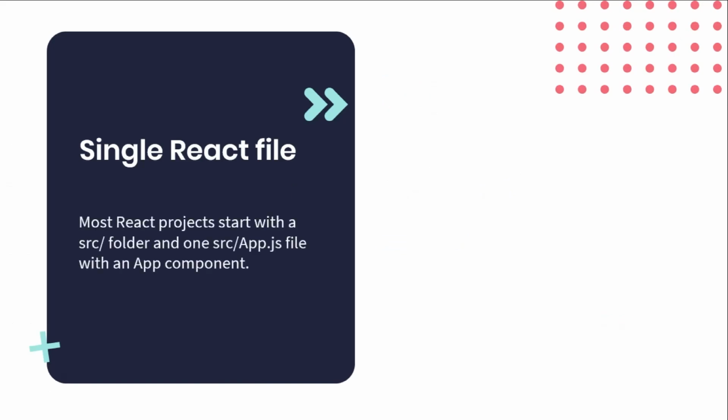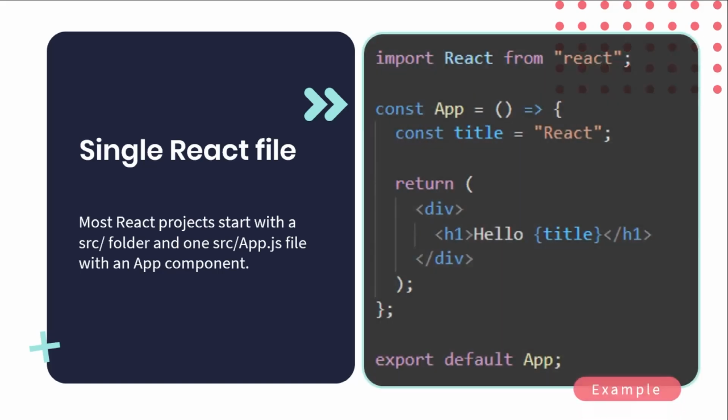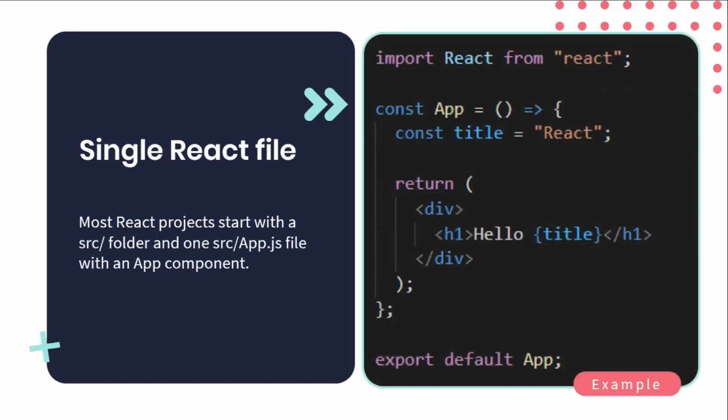Most React projects start with an src folder, and one src app.js file with an app component. At least that's what you get when you're using create React app. The app function component renders something like this. Eventually, this component adds more features.